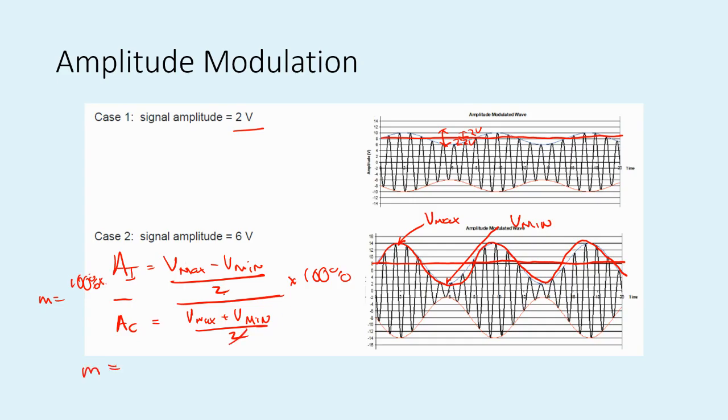Now the 2 will cancel. So the depth of modulation is the difference over the sum, and then timesing by 100 to turn into a percentage.